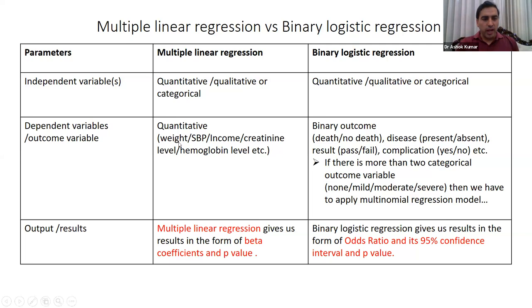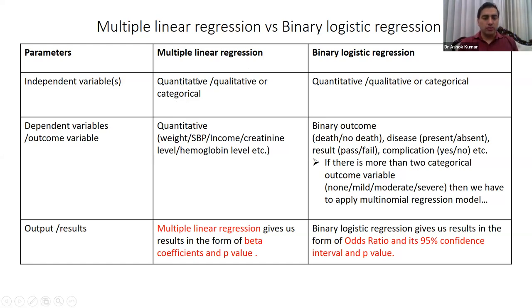So when we talk about independent variable and dependent variable or outcome variable, every time when we open this slide, there are two variable, independent variable, dependent variable. Dependent variable is outcome variable, okay? Independent variable in case of multiple linear regression may be quantitative type or qualitative or categorical type.